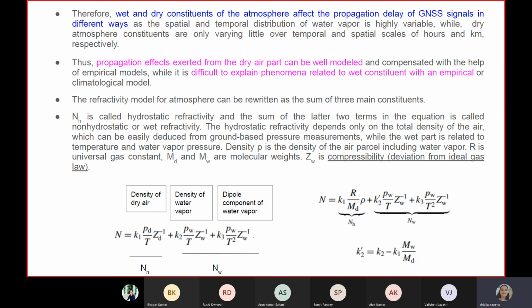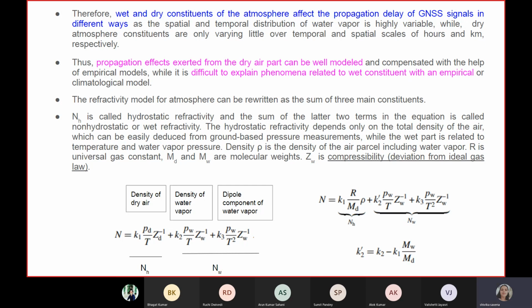Wet and dry constituents of the atmosphere affect the propagation delay in different ways. Why? Because the distribution of water vapor is highly varying from place to place, unlike the dry gases of the atmosphere, which do not change much from place to place.